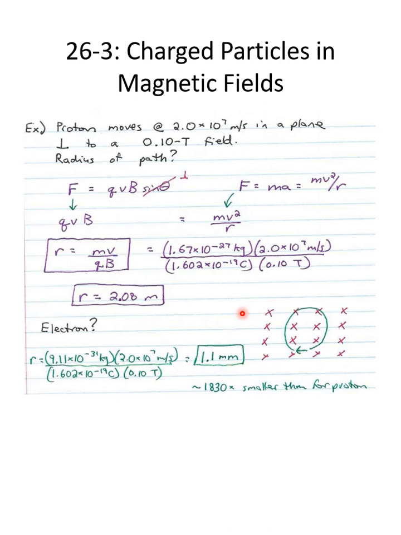The electron has a very tiny radius of only 1 millimeter. The difference between them is the mass; the proton has much more mass. It's more resistant to being accelerated, to being pulled around in a circle. And in fact, the ratio of those radii is 1830, and that is the ratio of the masses of those two particles.